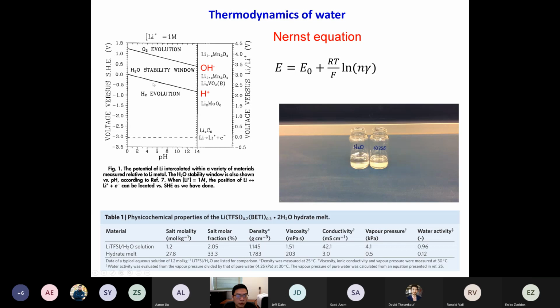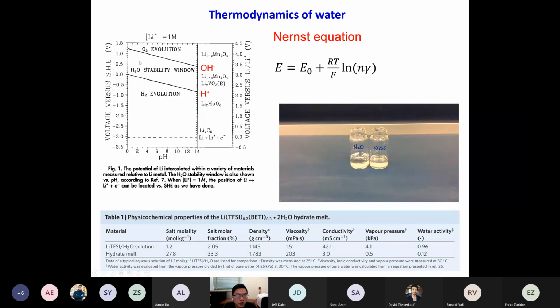So I'm going to borrow this picture again. So we all know that we can easily change the pH value of the aqueous solution to achieve this kind of wide shifting of the stability window. But why? It's mainly because the reactant of the hydrogen evolution in water actually is a proton. And the hydroxide groups are more easily oxidized in the water than the water molecule itself.